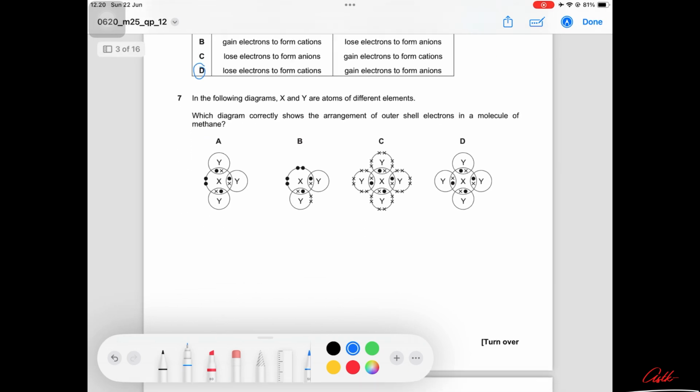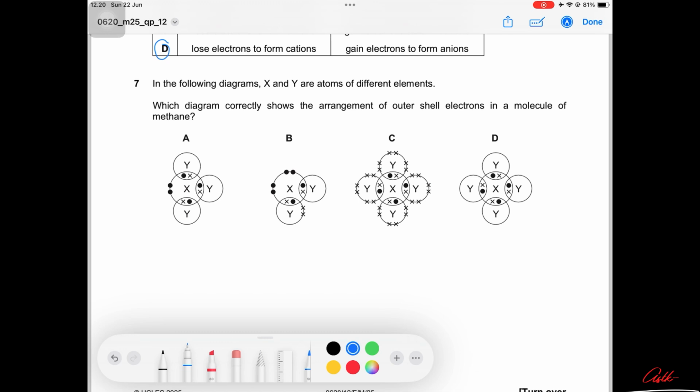Okay, now number 7. In the following diagrams, X and Y are atoms of different elements. Which diagram correctly shows the arrangement of outer shell electrons in a molecule of methane? Okay, we will consider X as the representative of carbon and Y for hydrogen.